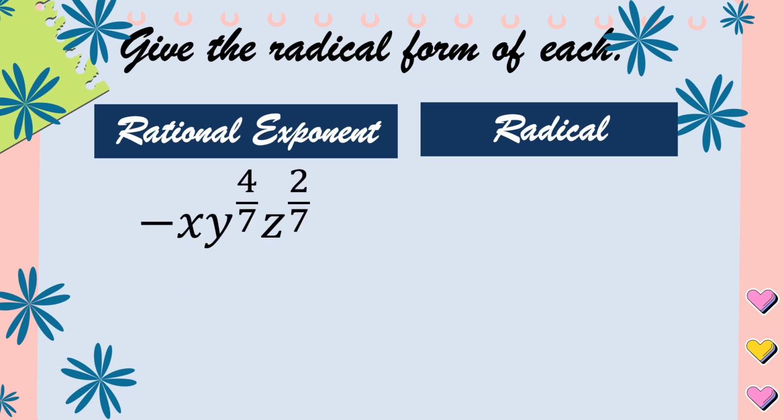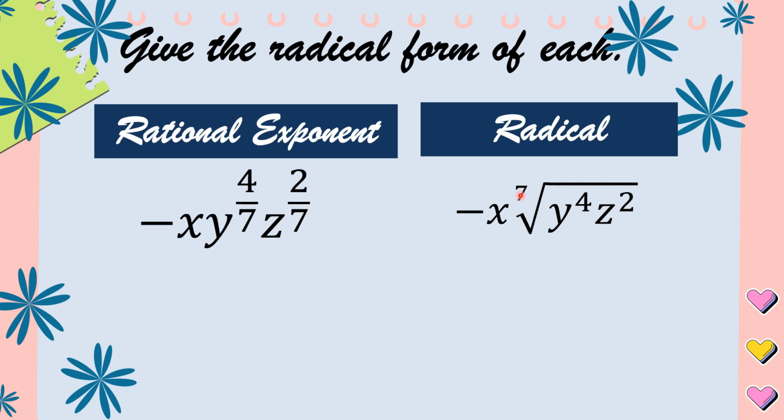Next, negative x y raised to 4/7 z raised to 2/7. So in the given, only y and z are the variables raised to a rational exponent. So therefore, this can be written in radical form as negative x. Since the denominators are both 7, 7 becomes the index of the radical.